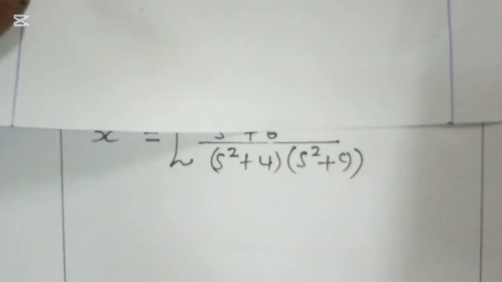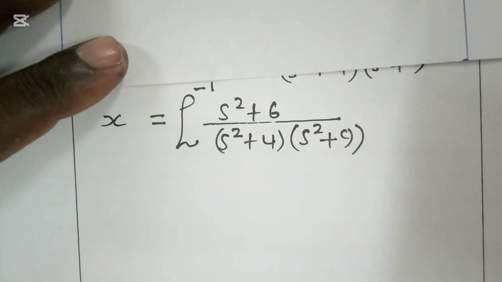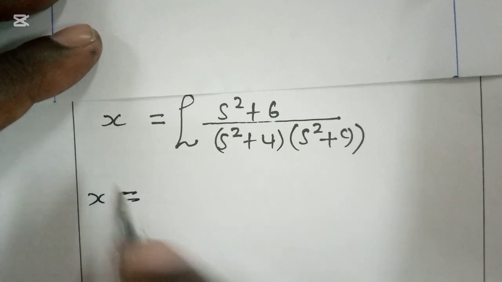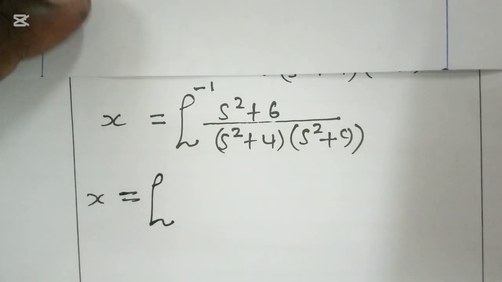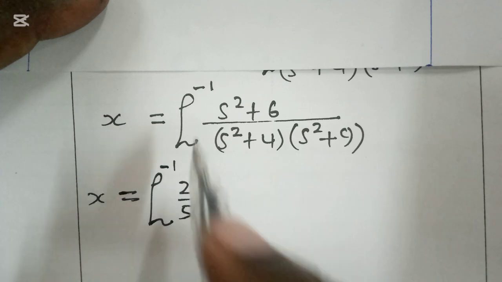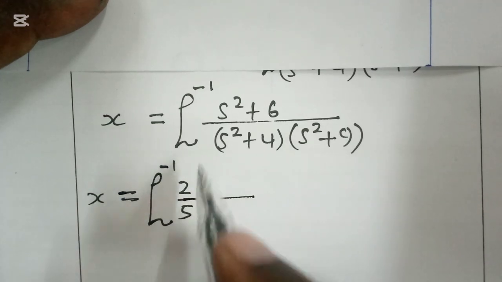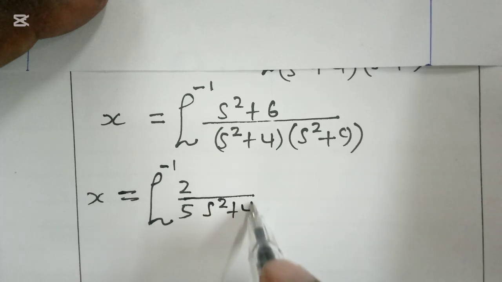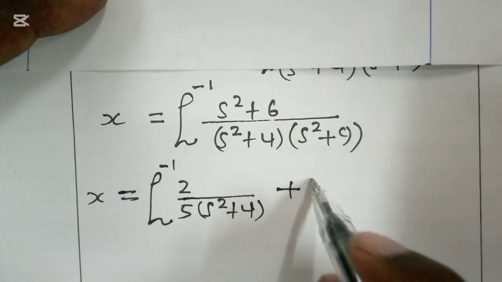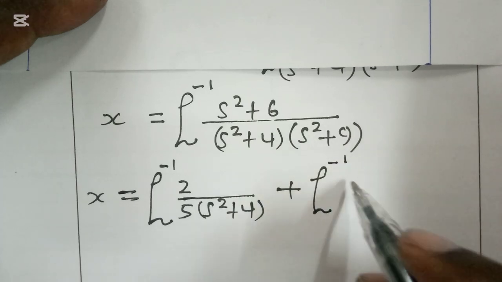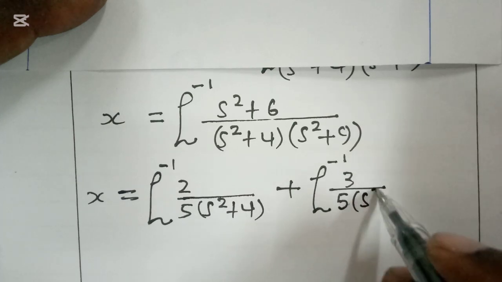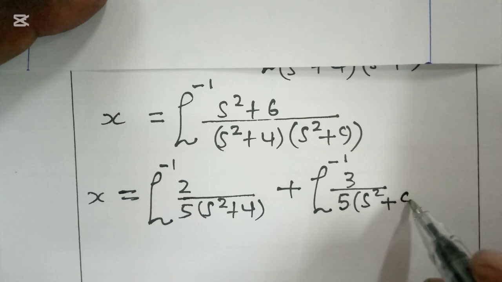After we have done this, we shall get x equal to the inverse Laplace transform of 2 over 5 all over s squared plus 4, plus the inverse Laplace transform of 3 over 5 all over s squared plus 9, like that.